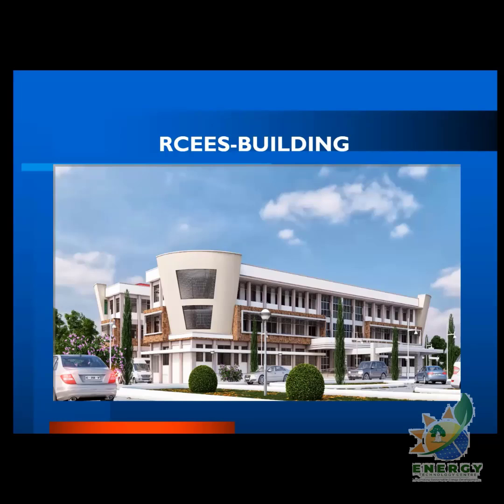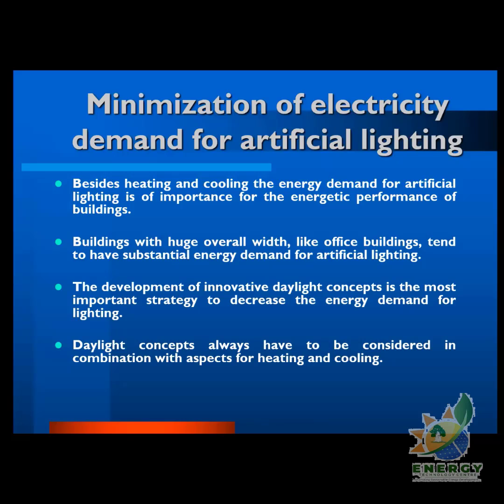Now, minimization of electricity demand for artificial lighting. Besides heating and cooling, the energy demand for artificial lighting is of importance for the energetic performance of buildings. Buildings with huge overall widths, like office buildings, tend to have substantial energy demand for artificial lighting.